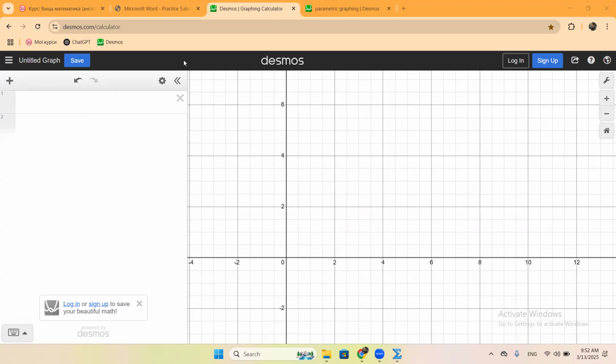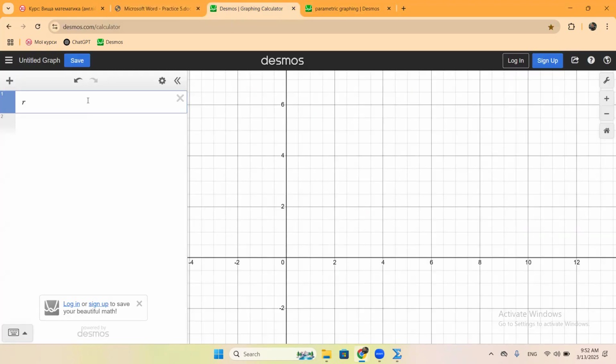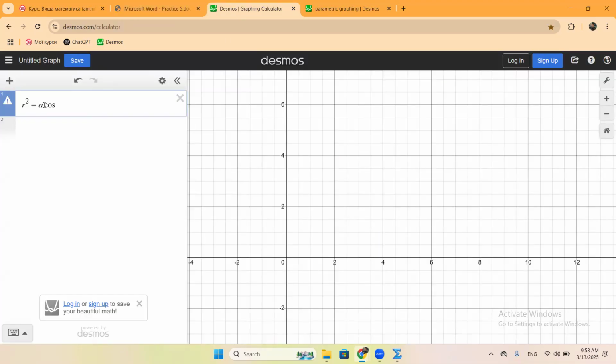Now let's put the graph just to understand how it looks like. So rho square equals a square cosine of 2 phi. Here theta is used.